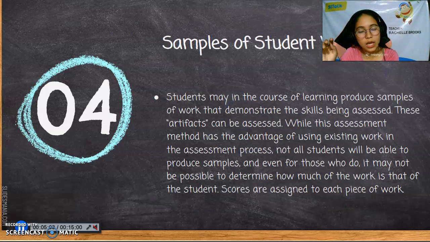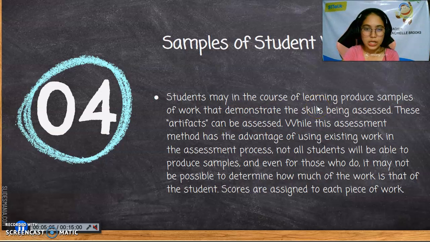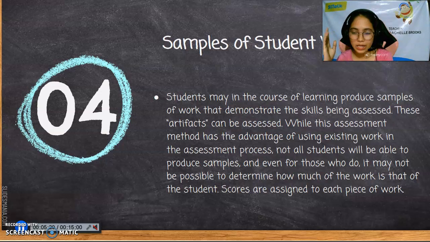And next is the sample of student work. This is the fourth one. The students may, in the course of learning, produce samples of work that demonstrate the skills being assessed. These artifacts can be assessed.